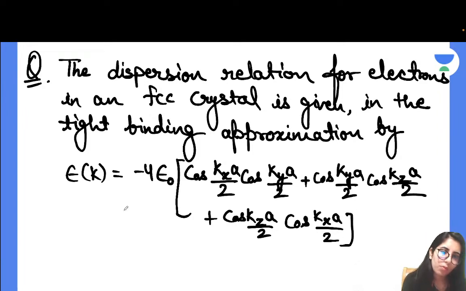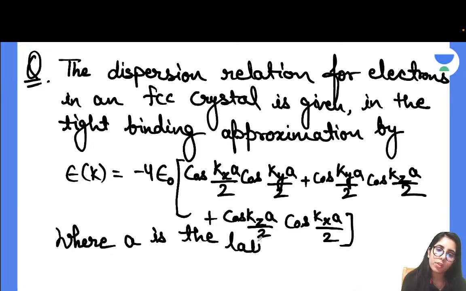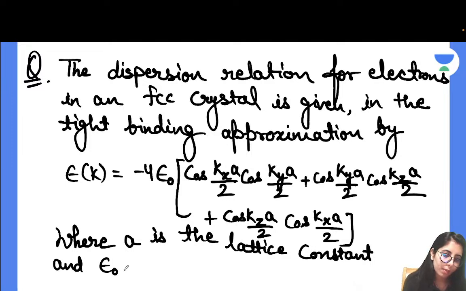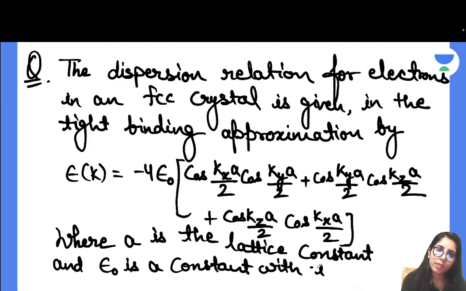Where a is the lattice constant and epsilon naught is a constant with the dimension of energy.